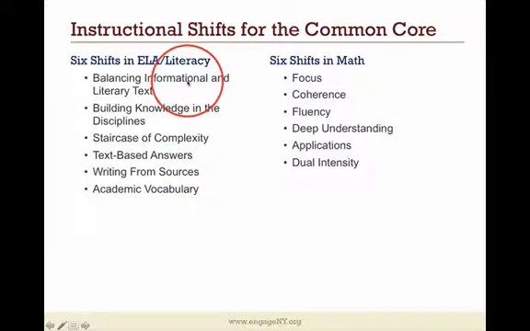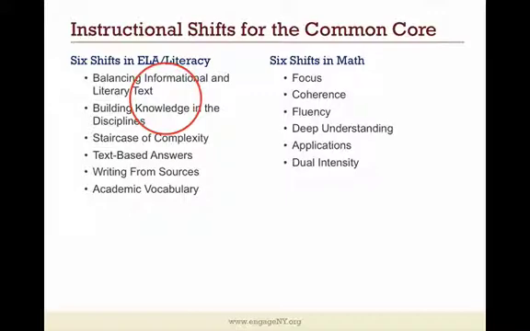The first one is balancing information and literary text. One of the issues of the Common Core is that it not only raised standards, but it had an implied criticism of what we've been doing in elementary and secondary schools.